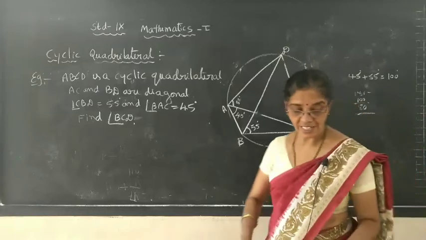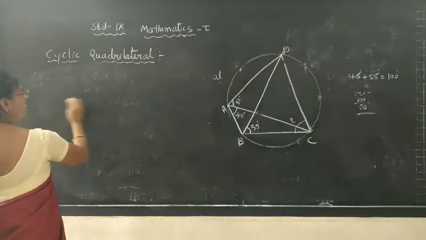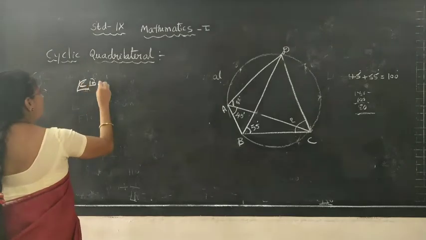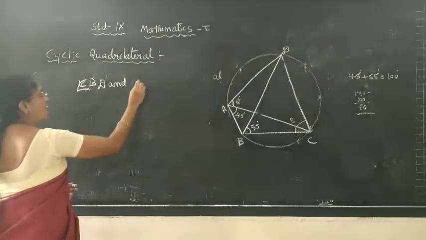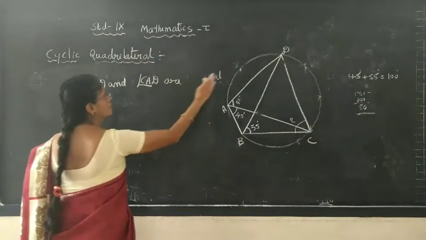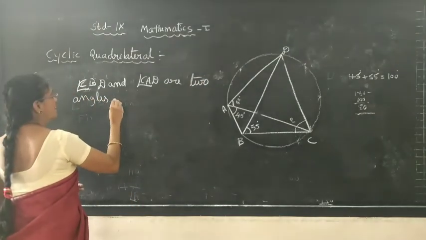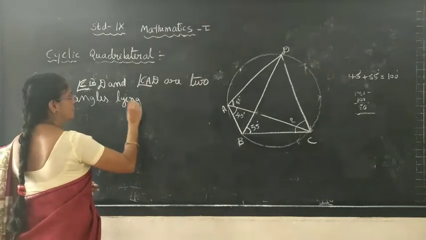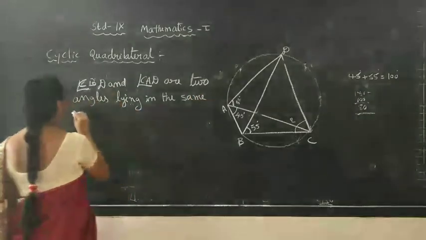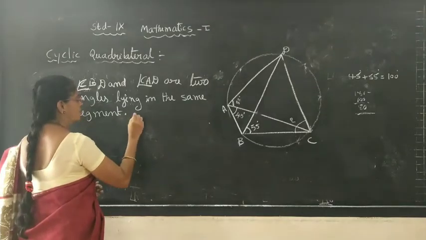You should be able to write it. Okay. So what we can write now, the result: angle CBD and angle CAD are two angles lying in the same segment, therefore they are equal.